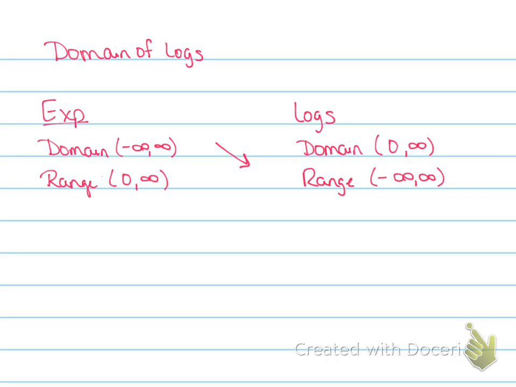I didn't write it here, but remember I stated that exponentials have a horizontal asymptote at y equals 0. Well, x and y are going to switch, so now we're going to have a vertical asymptote at x equals 0.